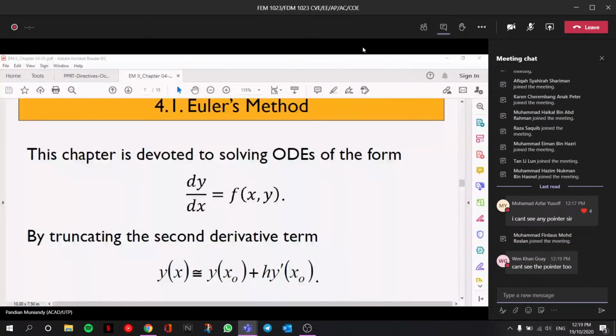So the f(x,y) goes inside here, in fact. But we can calculate f(x,y) at the point x naught, because this is the initial condition, it will be given. So basically, you already know this is your output, this is your input, we call it the initial condition, this is given, and then this one you plug inside here. So h we will know, and this one also we know, so we can find the output easily. So that is the idea.